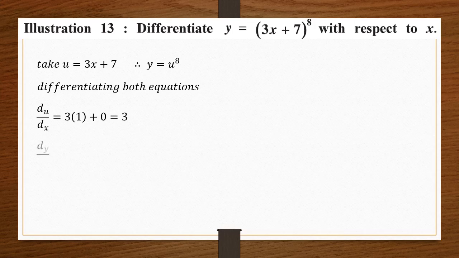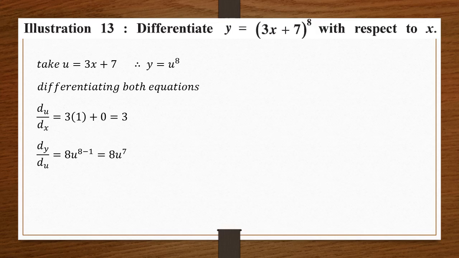And next we will do dy upon du because in the y equation there is just u, and we know that the power comes into multiplication and 1 is deducted from the power. So 8u raised to 8 minus 1 will give us 8u7.